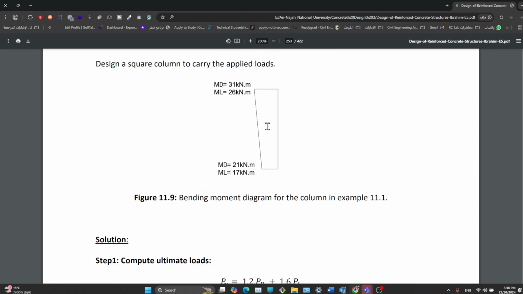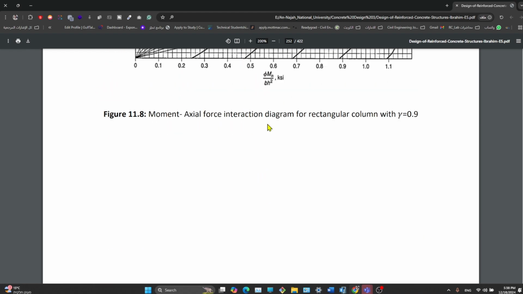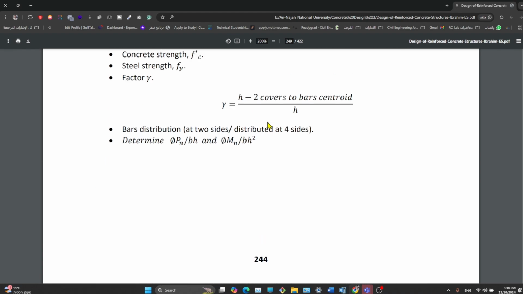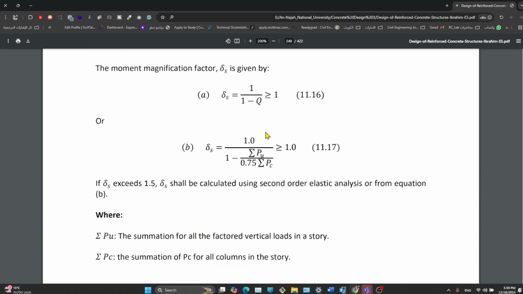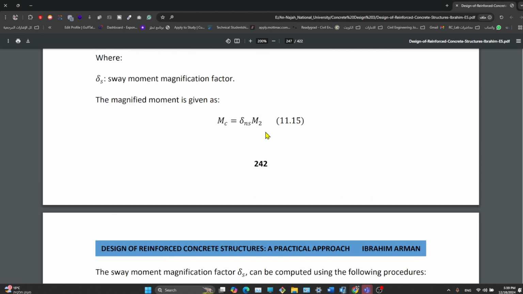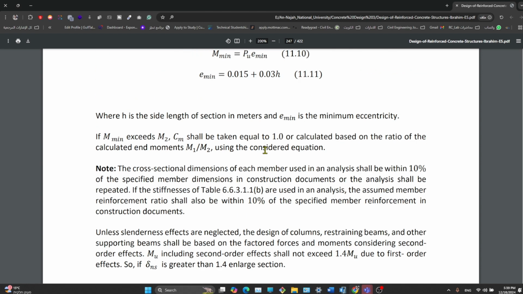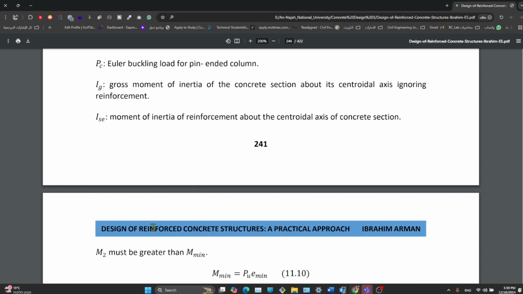Yes. We can refer to the document again. It's okay. We can refer to the document and check that. If M minimum exceeds the M2, then we need to take M2 equal to M minimum.